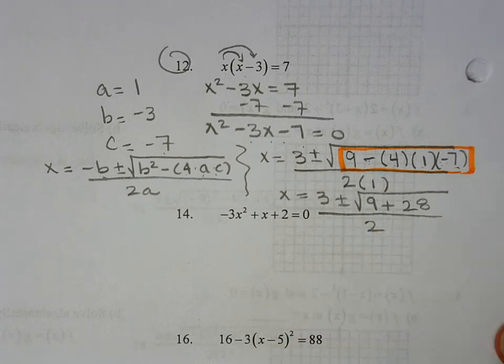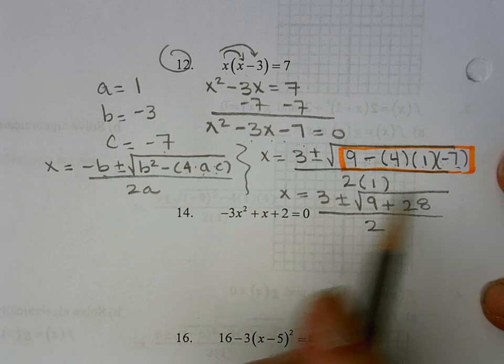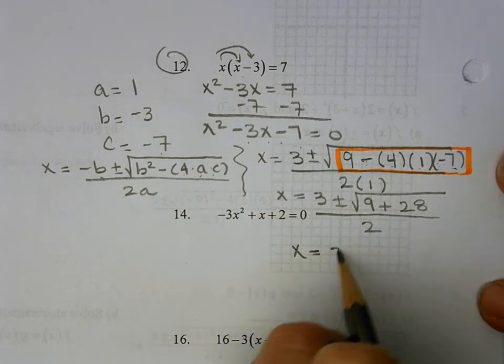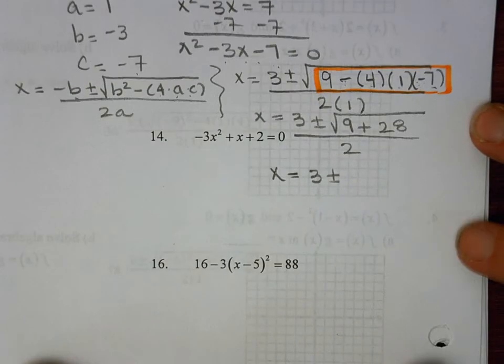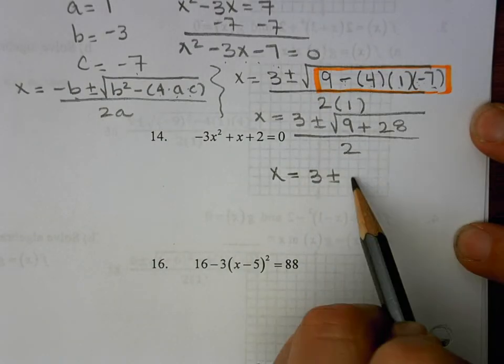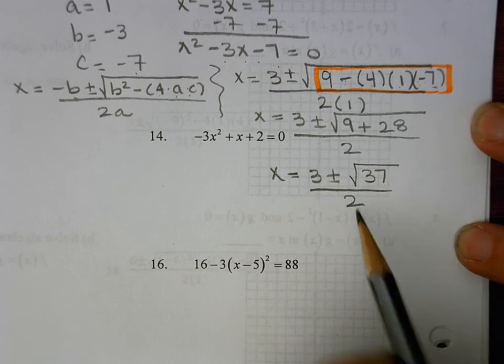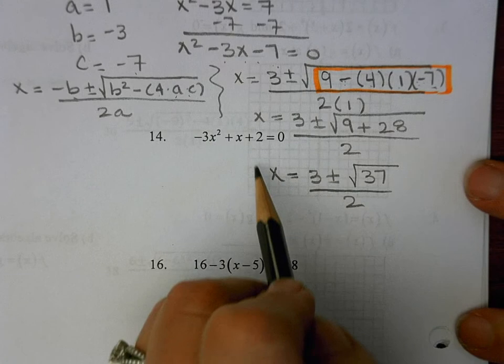And 2 times 1 is just 2. And then I'm still working on trying to simplify the square root. And so I'm going to add 28 and 9 together. And then 37 doesn't break down at all, and so that would be my final answer.